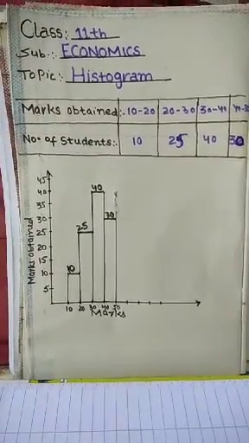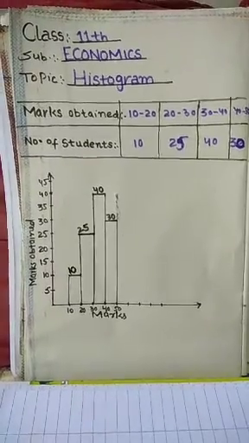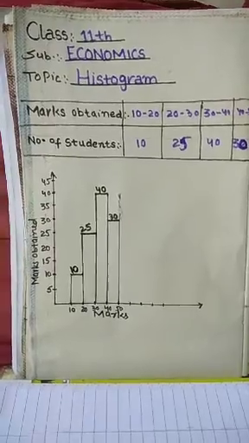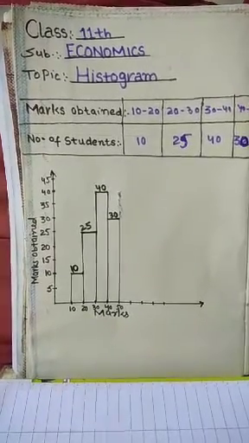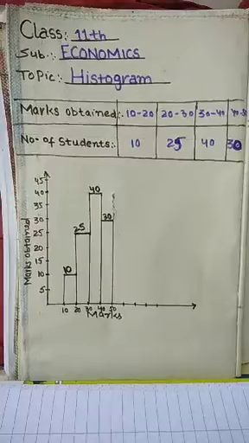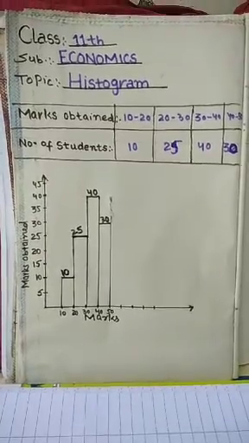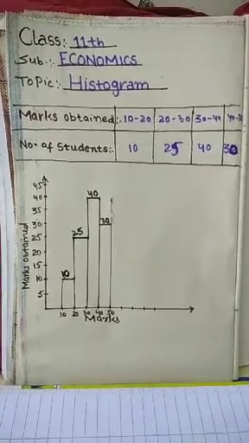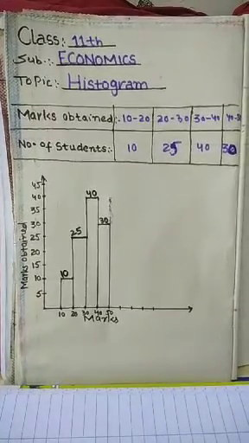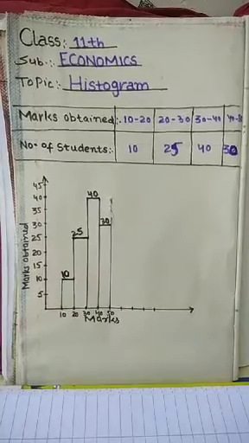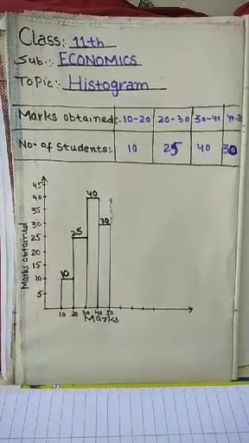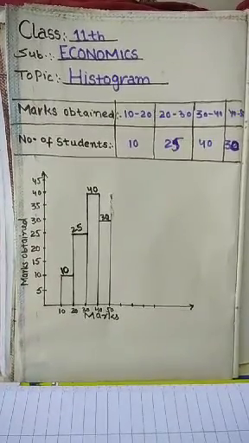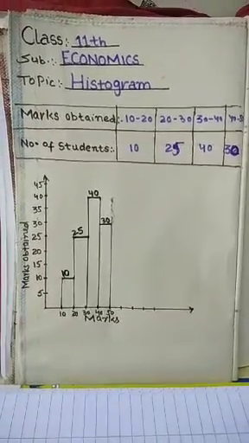Dear students, what is histogram? Histogram is actually the copy of bar diagram for the representation of any frequency. But histogram is used in statistics when data is in intervals. That is, if data is in the form of 10-20, 20 to 30, 30 to 40, 40 to 50, and so on.